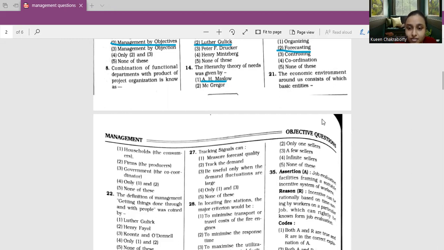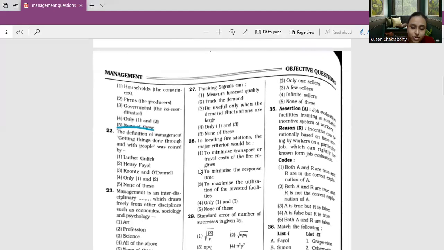So the answer to question number 21 will be none of these, because 1, 2, and 3 all should be included in the answer, which is not there in the options. So we will mark it as none of these.